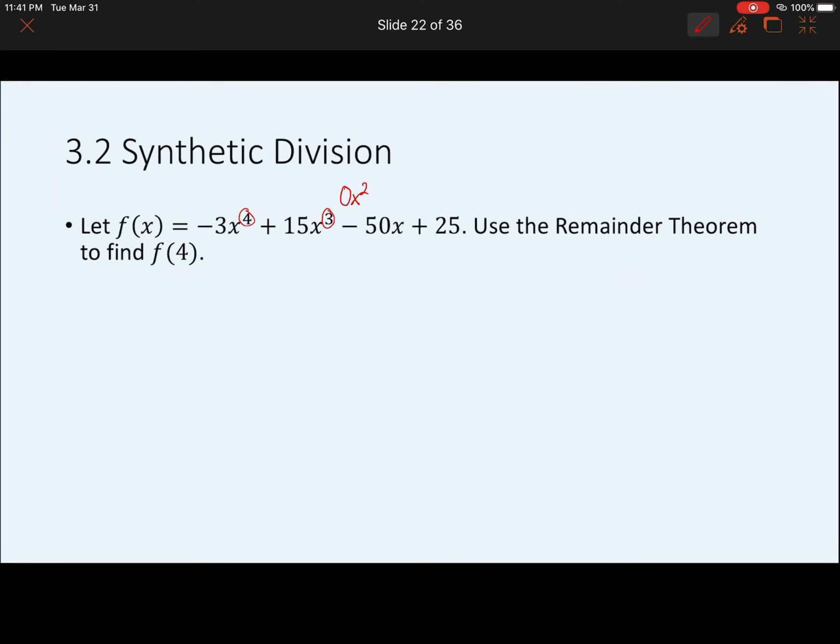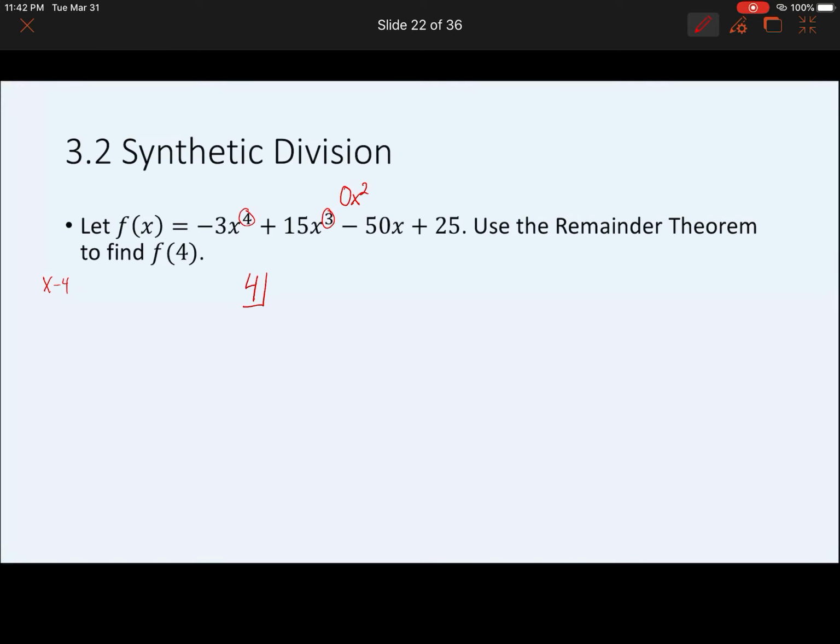Now, notice here we have x to the fourth, x cubed, but there is no x squared term. And then we have x, and then we have our constant. Because there's not an x squared, we're going to substitute in a 0x squared. The reason we're going to do that is because in our synthetic division, that 0 is simply a placeholder.